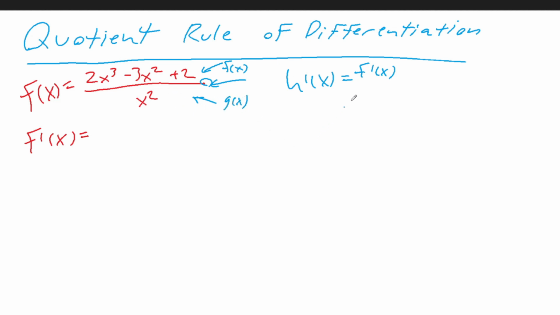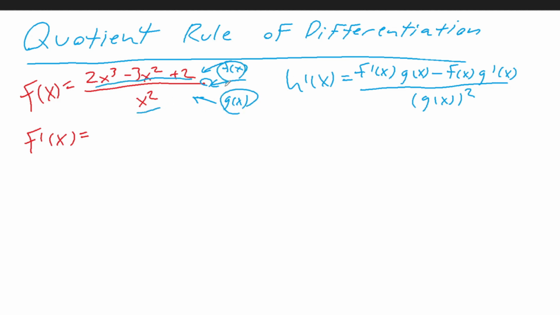So h prime of x equals f prime of x times g of x minus f of x times g prime of x. And then we're dividing all of that by the bottom, g of x squared. So now we can take this top function, f of x, and this bottom function, g of x, and we can plug them into this equation right here.